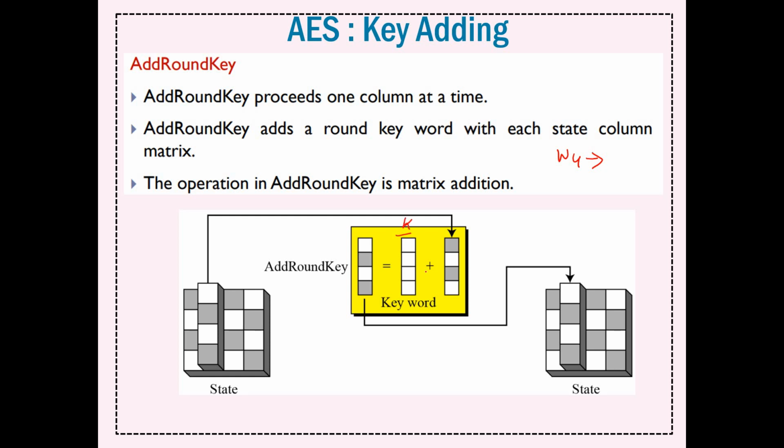Whatever is the result gets stored as the new column. So this is my column 2 entries, and this is my new column 2, which I call column 2 prime. So it still remains a 4 cross 4 matrix, but it has undergone 4 such transformations in between.